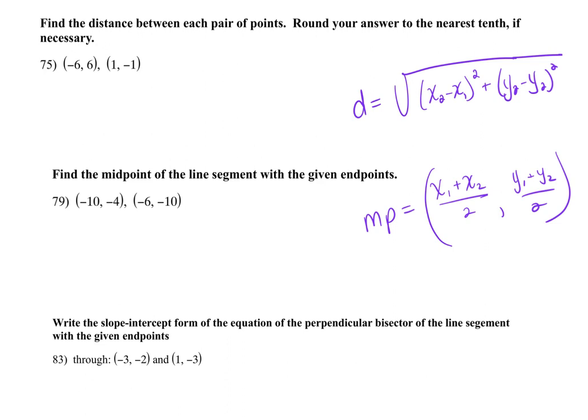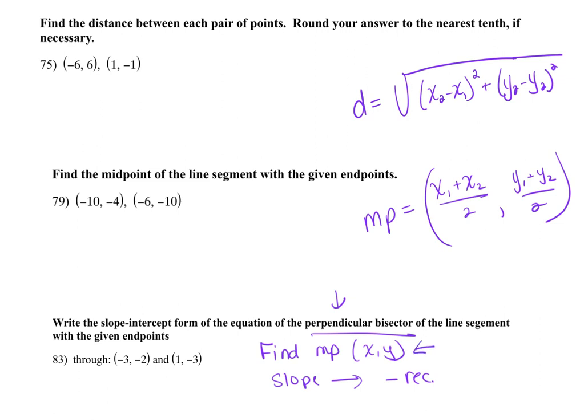Slope-intercept form of the equation kind of combines all of these. Well, the midpoint at least. Perpendicular bisector, you have to find your midpoint. That's the point you're going to use. You have to find your slope of this. And then remember, it's the negative reciprocal of that slope if it is perpendicular.